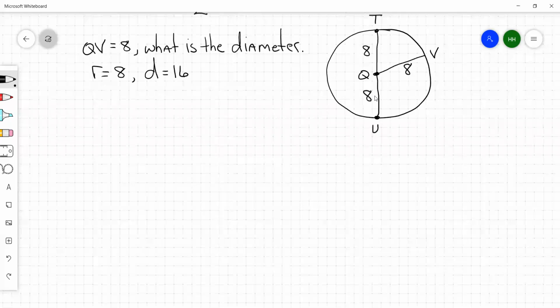So let's take a look at, let me see if I can draw this. Smaller circle on the left, bigger circle on the right, but they have to overlap each other.